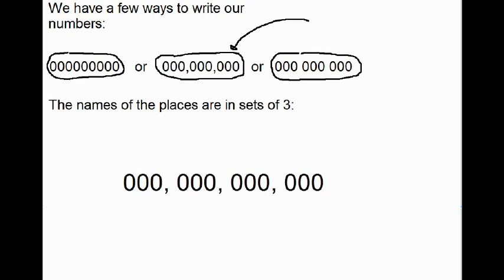So the names of our places in our number system work in groups of 3 essentially, and I'll start with the smallest group here, because remember, as we move to the left, our values get bigger. So as we move to the right, our values get smaller. So furthest to the right here, these first 3 values, that set of values is called our ones.